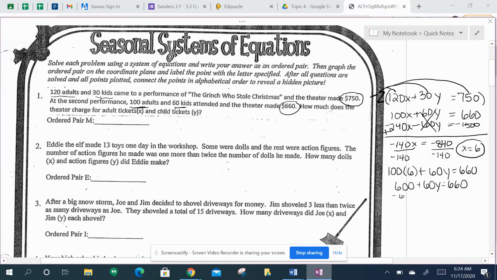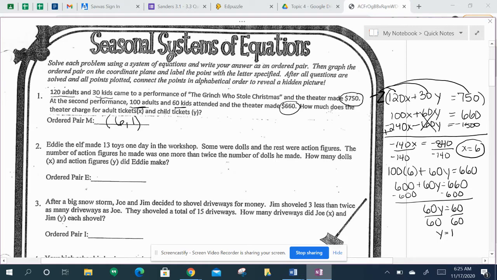I'm going to subtract 600 from each side, and I get 60y is equal to 60. Dividing each side by 60, I get y is equal to 1. So my ordered pair here is x comma y, so 6 comma 1.